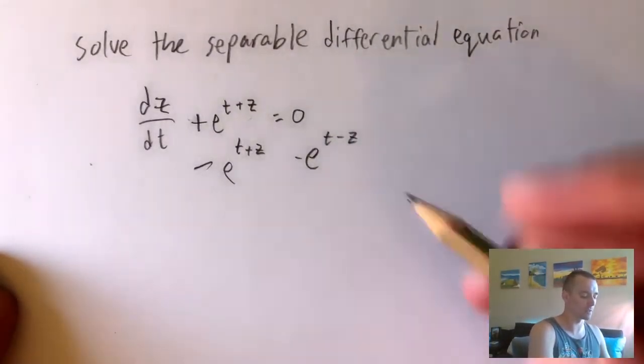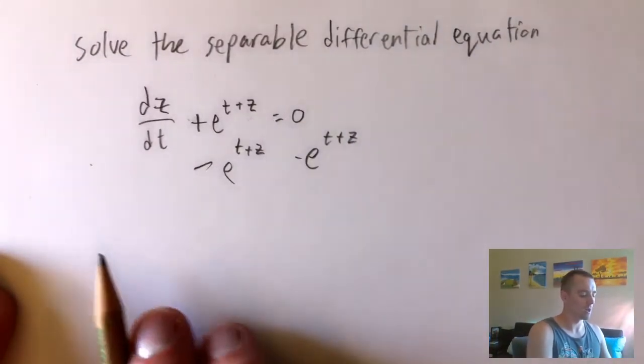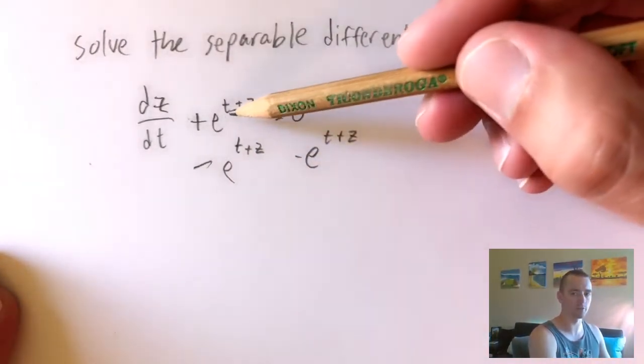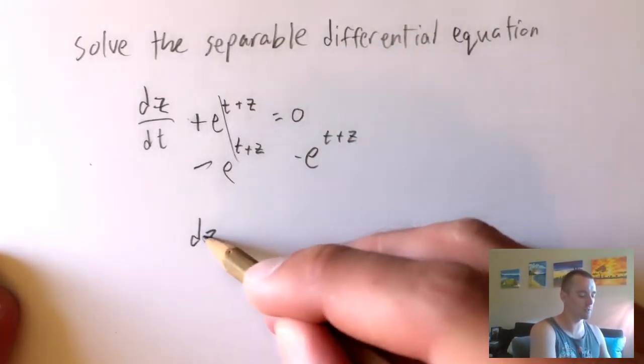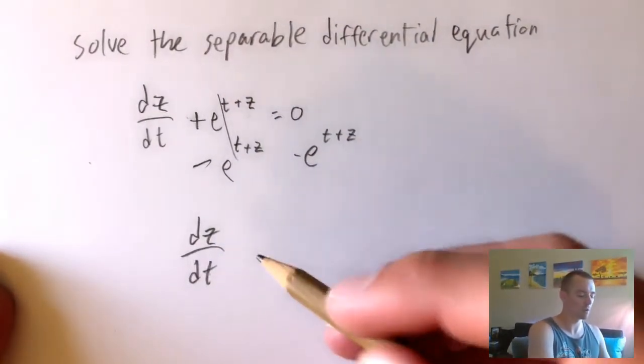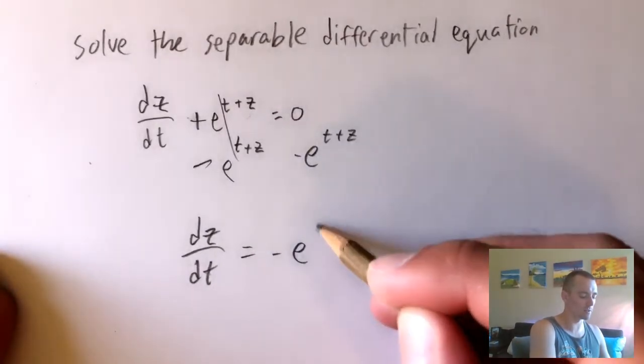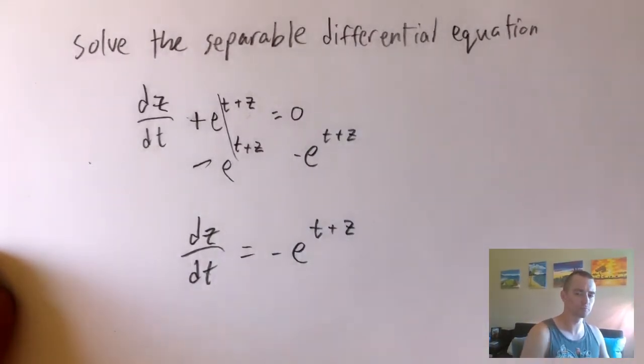If we subtract it from the left side, this just cancels, and we're left with dz dt equals negative e to the t plus z.